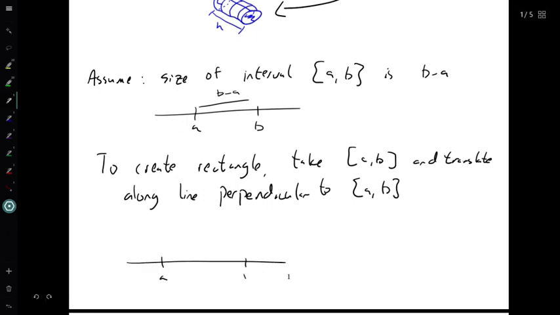So here's my interval AB, and I took this interval and translated it along a line perpendicular to it. For instance, that direction is this way, and I created some rectangle with height h.